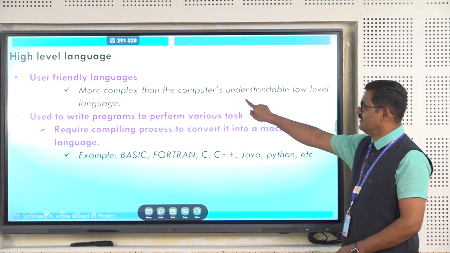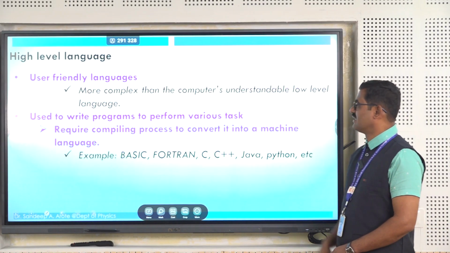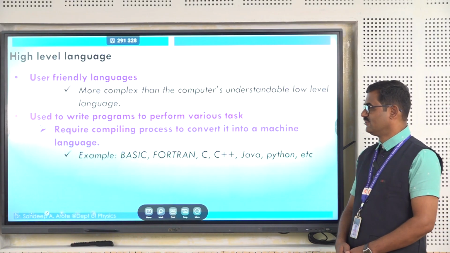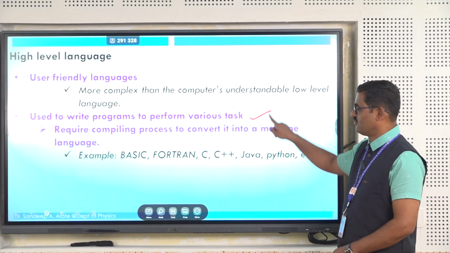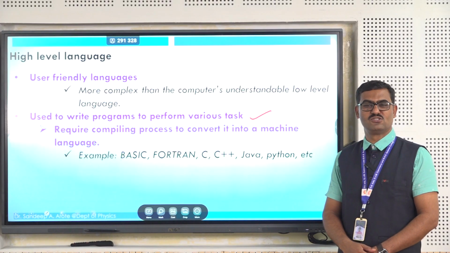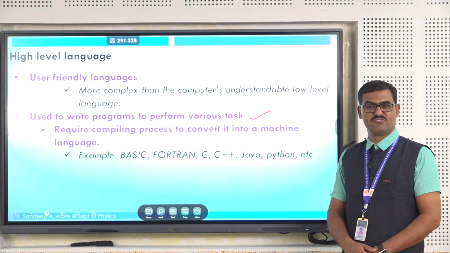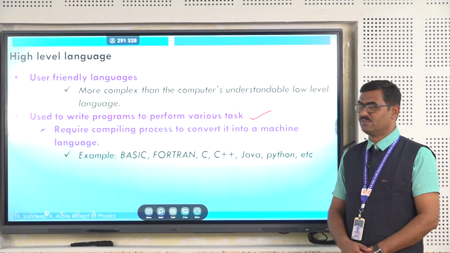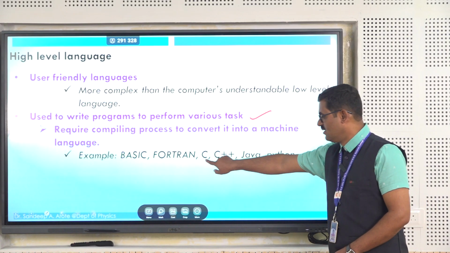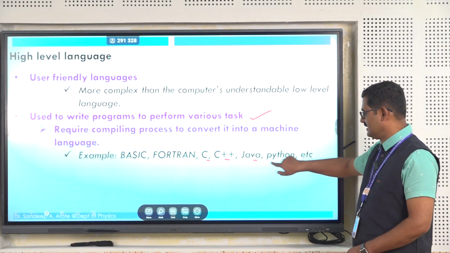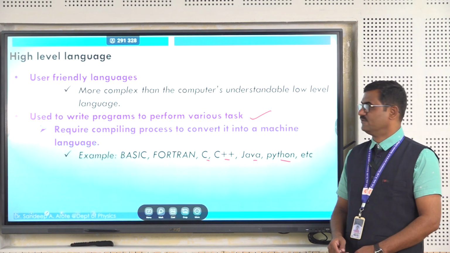These languages are more complex compared to low level language, and are used to write programs for various tasks. Whatever application software and system software we write, for that purpose you require a high level language. The examples are BASIC, Fortran, C++, Java, Python and so on.